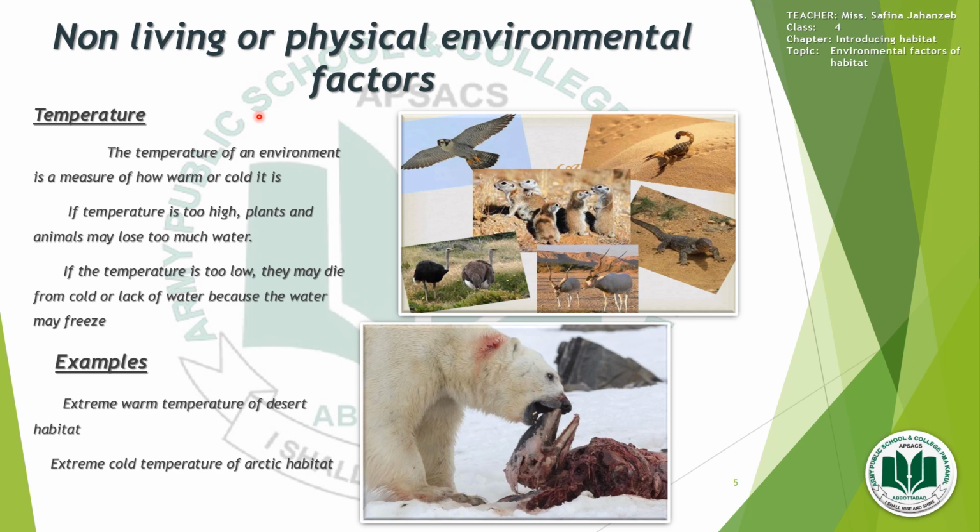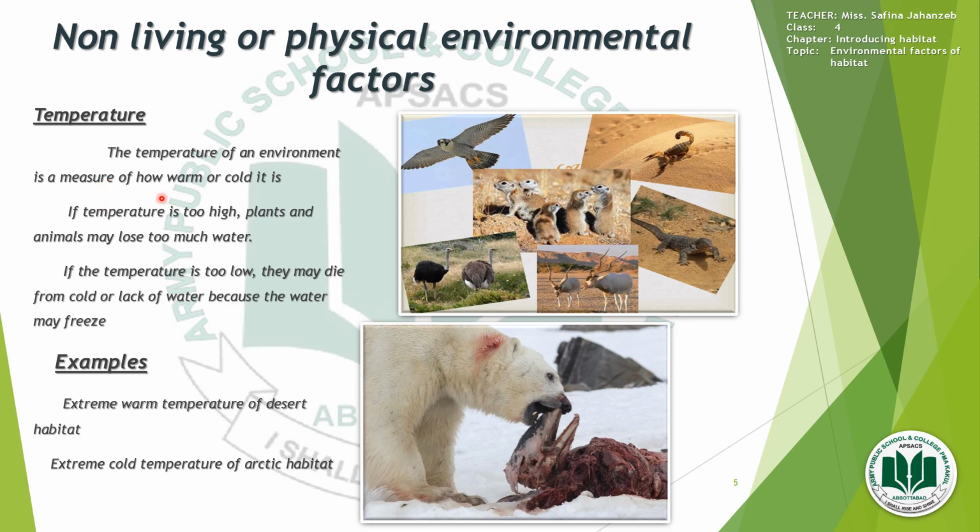So students, now we are going to discuss the next point of non-living or physical environmental factors. The next factor is temperature. Students, we will see how much temperature is necessary for any environment.